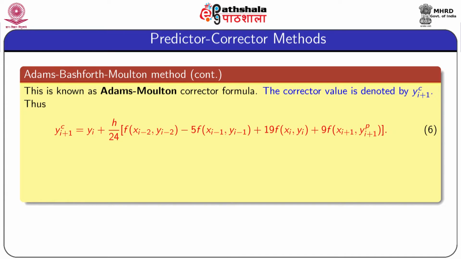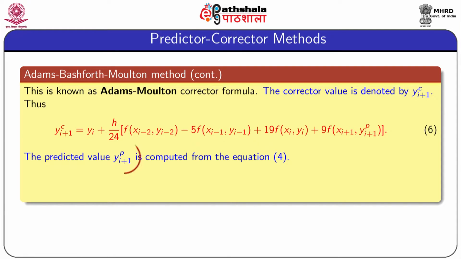Note that the last term is 9 into f(x_{i+1}, y_{i+1}^p). Since y_{i+1} is present on the right hand side of equation 6 to calculate the value of y_{i+1}, this formula is called an implicit formula. Note that the formula for y_{i+1}^p is the predictor formula and it is an explicit formula, but the corrector formula, equation 6, is an implicit formula.